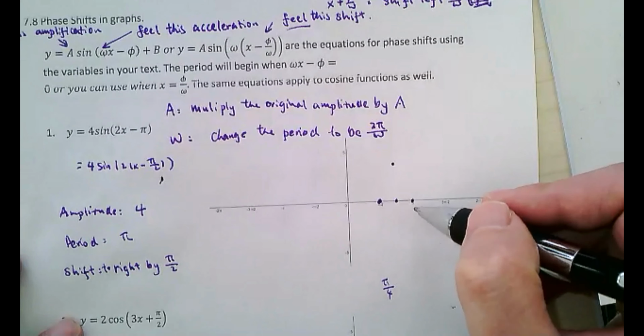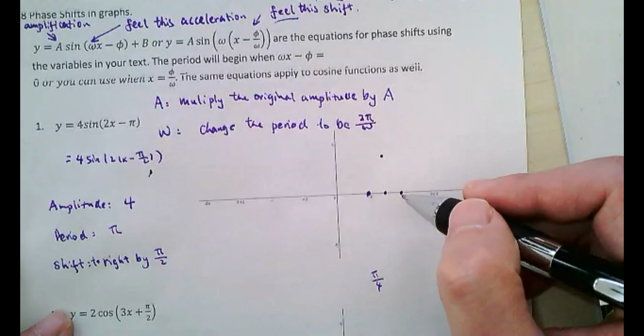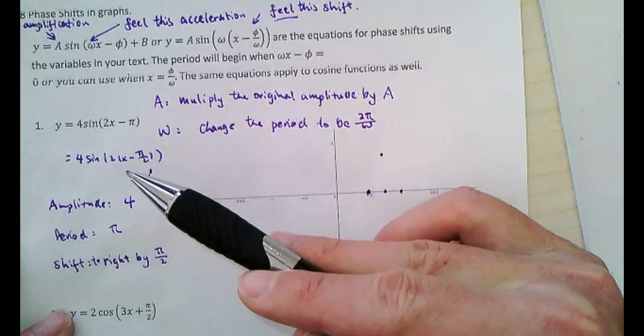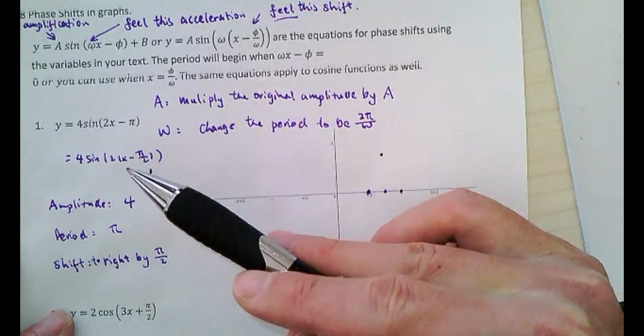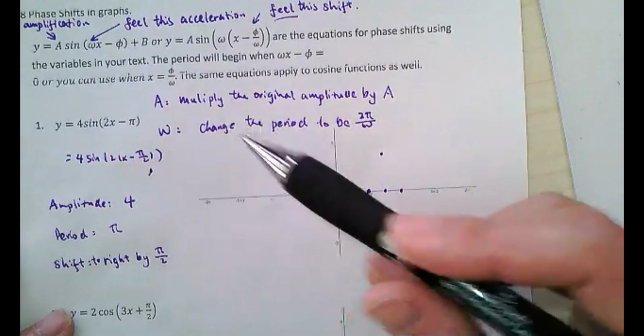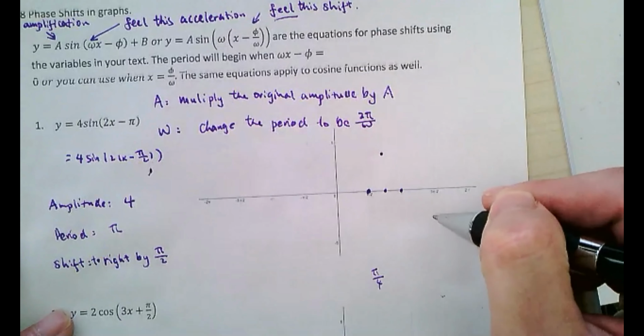Because this one is pi, you get into pi. If you plug pi into it, you see this is sine of 2 times pi over 2, which is sine pi, which gives you 0. Everything just shrinks by half.